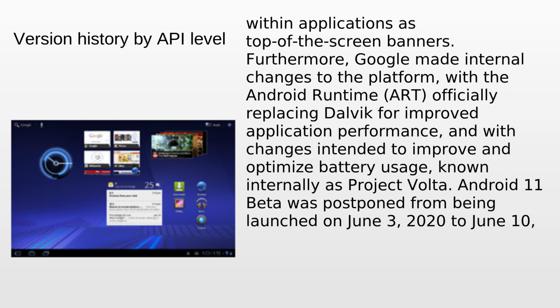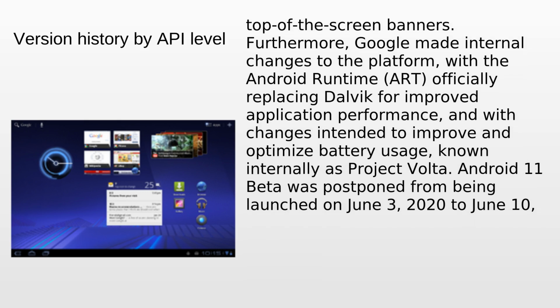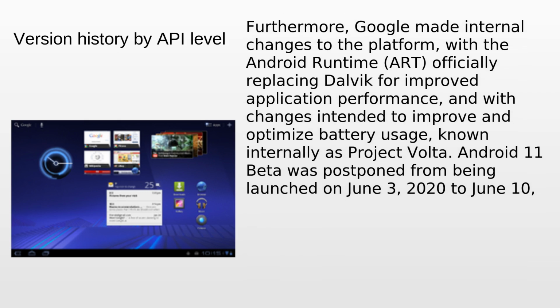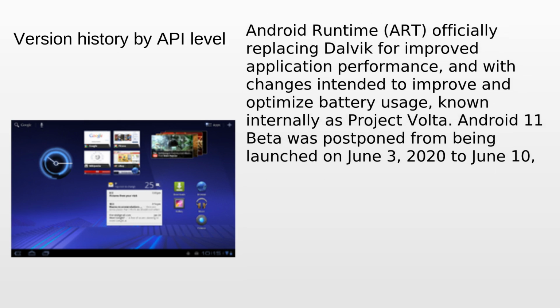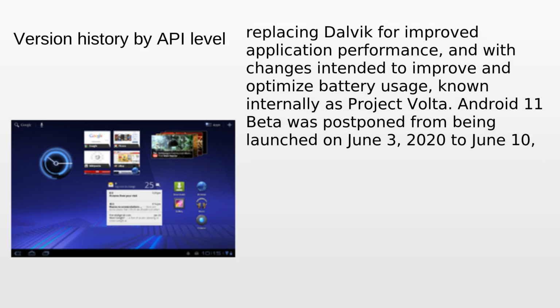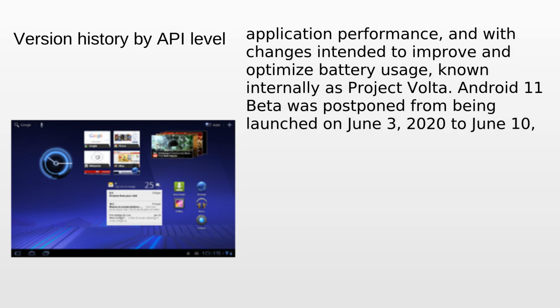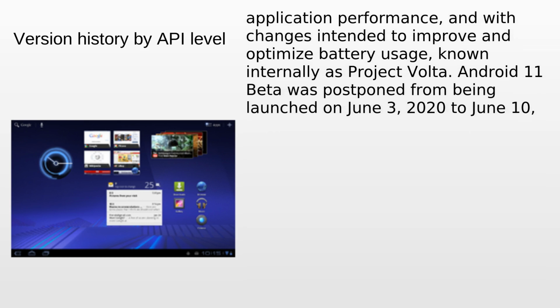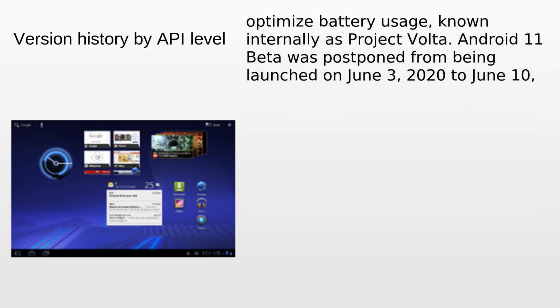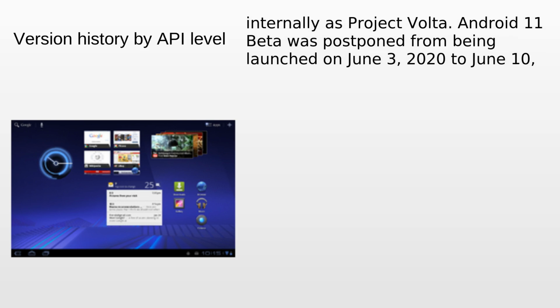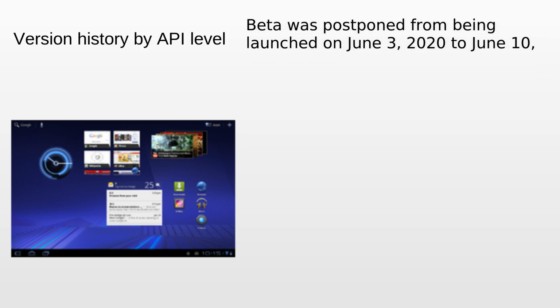Furthermore, Google made internal changes to the platform, with the Android runtime, ART, officially replacing Dalvik for improved application performance, and with changes intended to improve and optimize battery usage, known internally as Project Volta. Android 11 beta was postponed from being launched on June 3, 2020 to June 10, 2020.